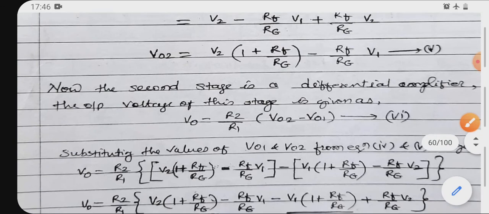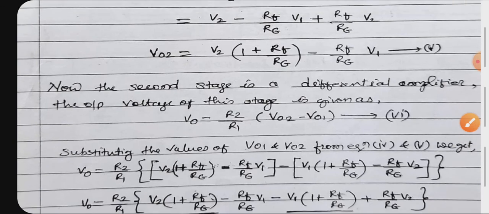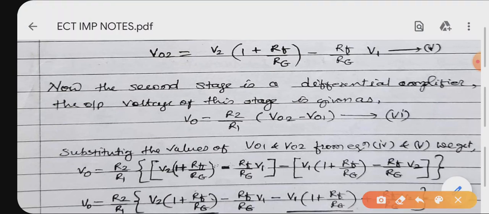So we have got VO1 and VO2, these two equations. Now the overall output of the instrumentation amplifier, the final output, can be calculated by using this equation: VO is equal to R2 by R1 into VO2 minus VO1. This R2 by R1 is the gain of the differential amplifier second stage, and VO2 minus VO1 is the output of the first stage.